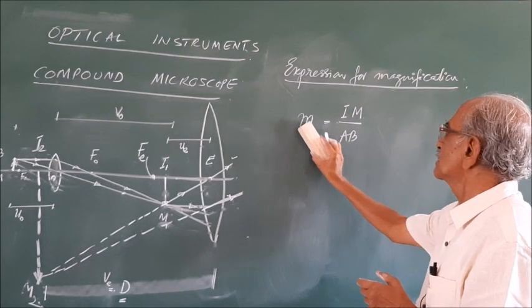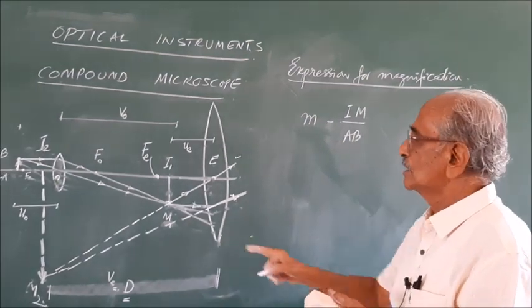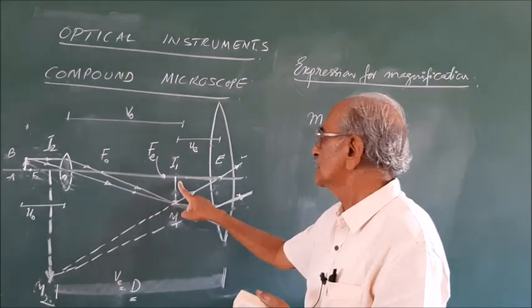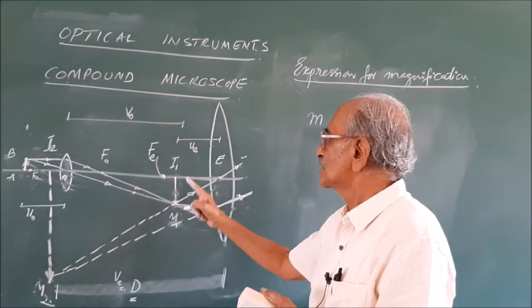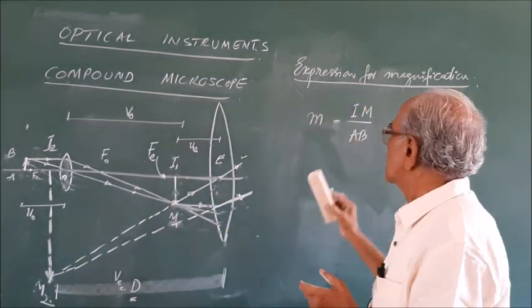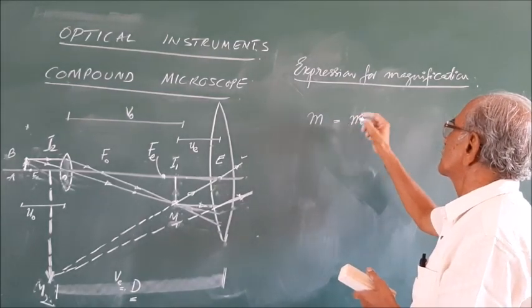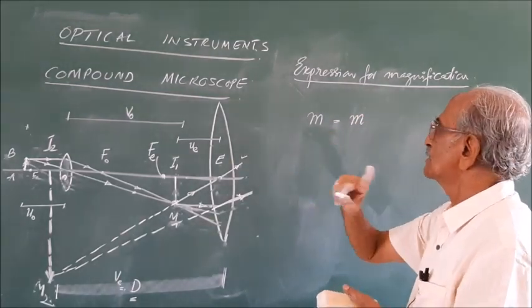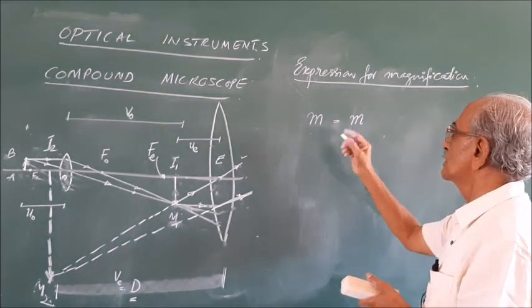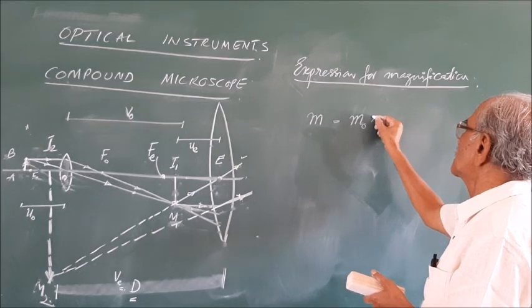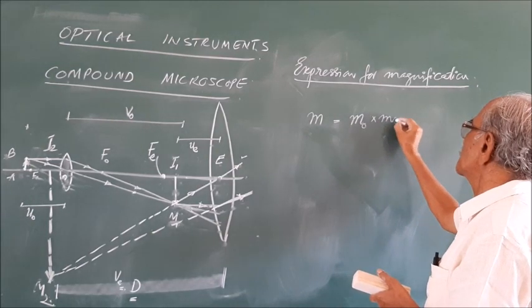Now here this is done in two stages. This object is magnified here maybe 2-3 times, and this is further magnified here. Therefore, I can write the magnification produced by the entire instrument as the magnification produced by the objective multiplied by the magnification produced by the eyepiece.